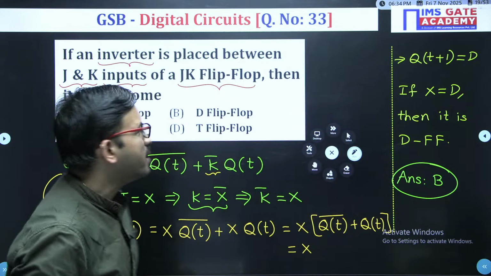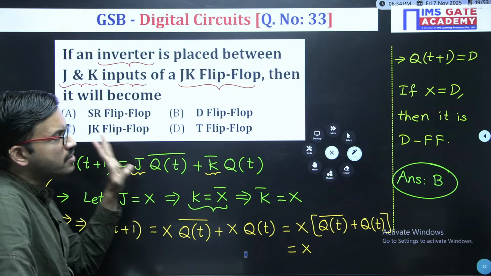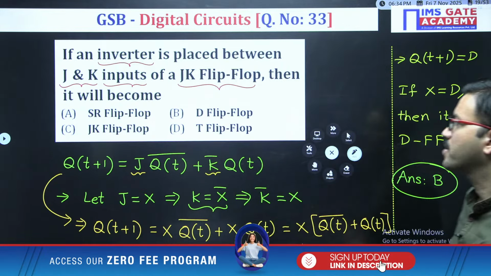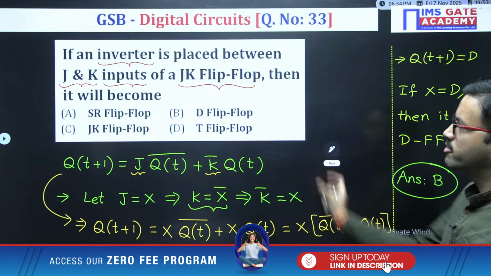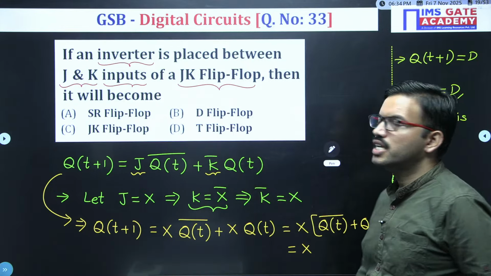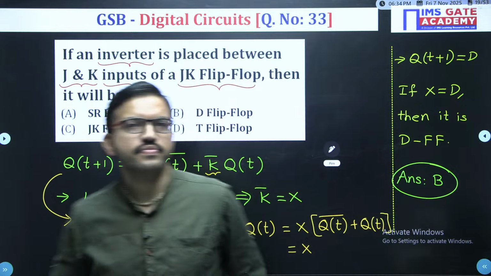Suppose in the question they mention that the J and K inputs are tied together, then the JK flip-flop will become which flip-flop? I hope all of you can answer this question correctly. If the J and K inputs are tied together, that means J and K are the same. Then the JK flip-flop will become a T flip-flop. Okay, that you might have learned.